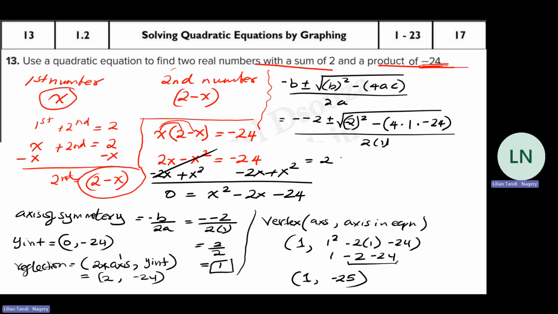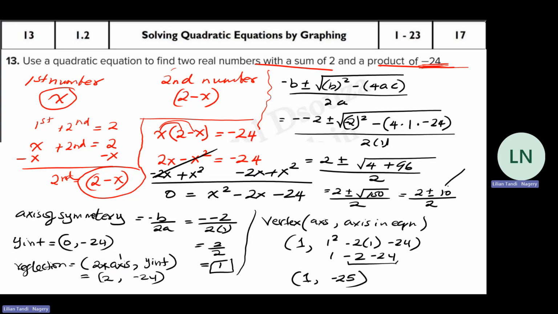That gives me 2 plus or minus the square root of 4 plus, how much is this? 24 times 4 should be 96. Yes, so positive 96, divided by 2. Then this will be 2 plus or minus the square root of 100 divided by 2. So this will be 2 plus or minus 10 divided by 2.